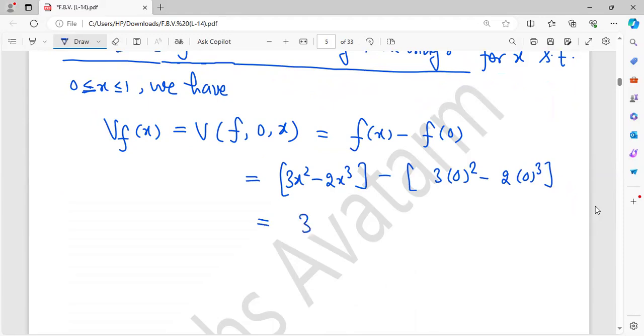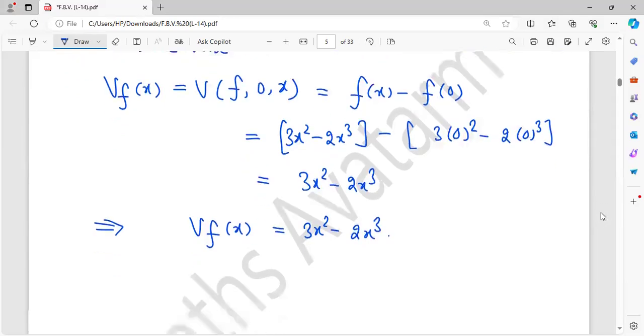So this is 3x squared minus 2x cubed. This implies Vf(x) is equal to 3x squared minus 2x cubed on the closed interval 0 to 1.